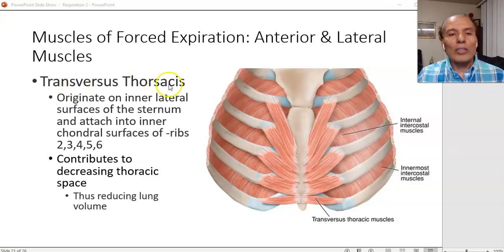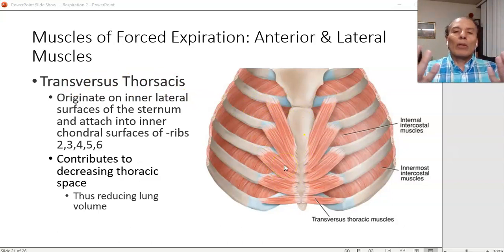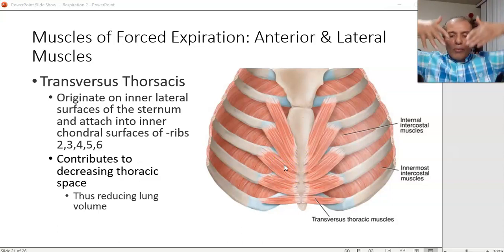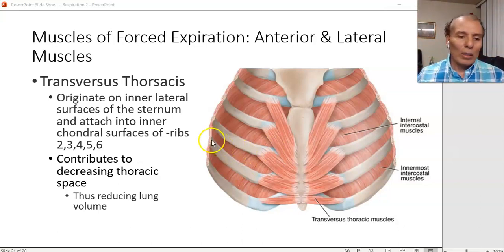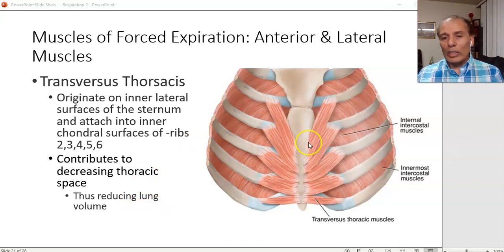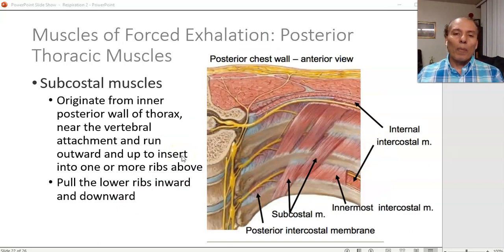So the transversus thoracis reverses that process and brings the frontal aspect of the thorax in and down to compress the lungs. And that contributes to increasing pressure and expelling the air.